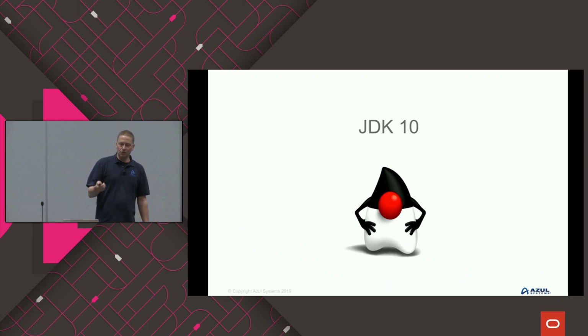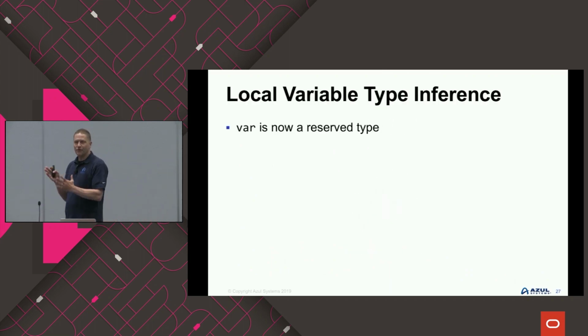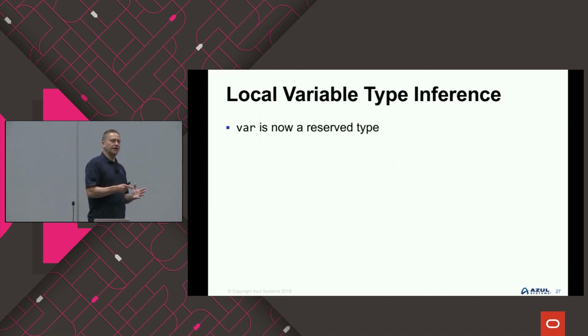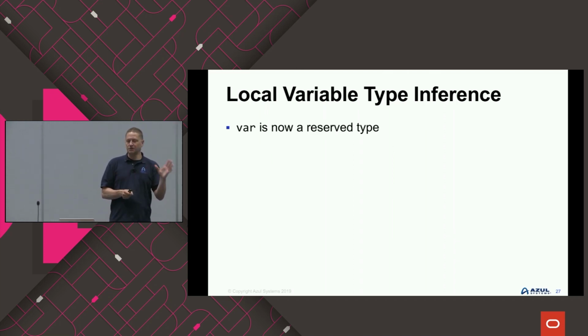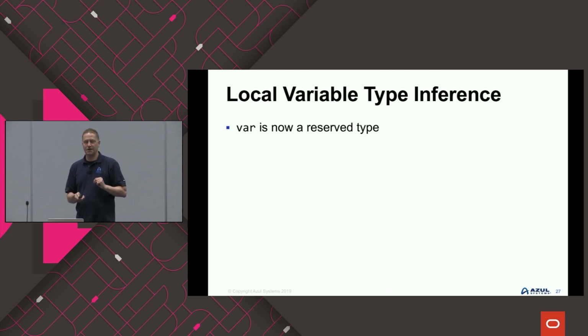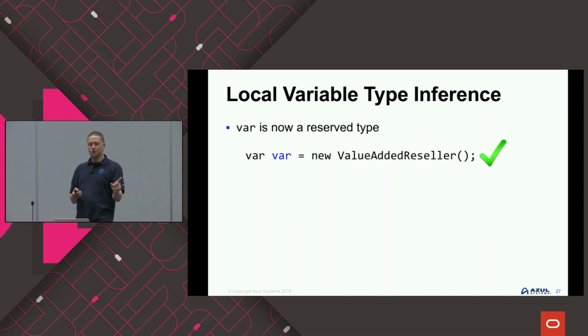JDK 10. What do we get in JDK 10 that would affect compatibility? Okay, so local variable type inference was the first thing. Now, in this case, var is a reserved type. And this is important because it means you can still do this. So you could do var equals value added reseller. That's good because we don't have to go and change all our code that may have used var as a variable name.